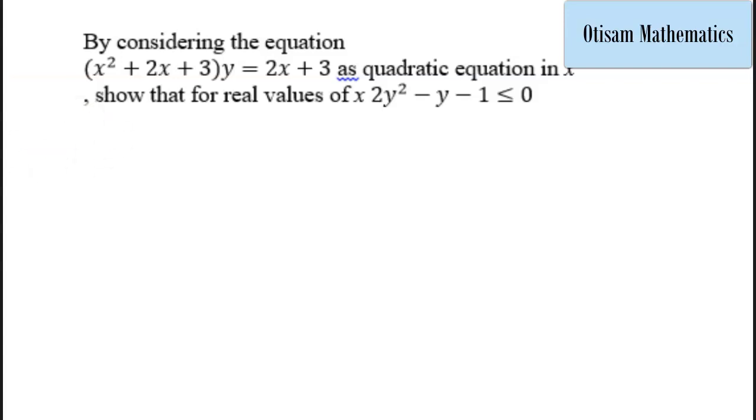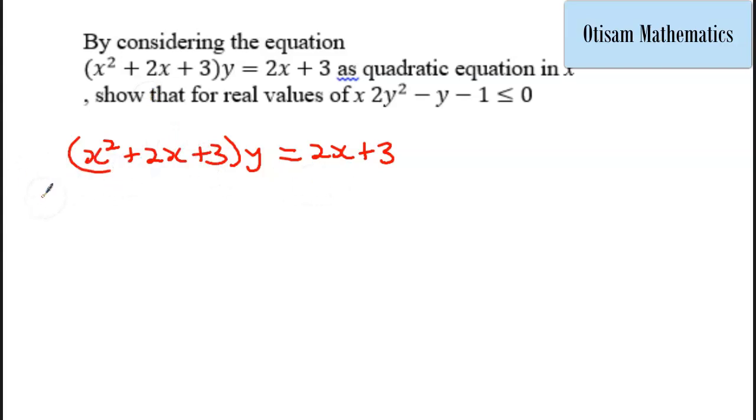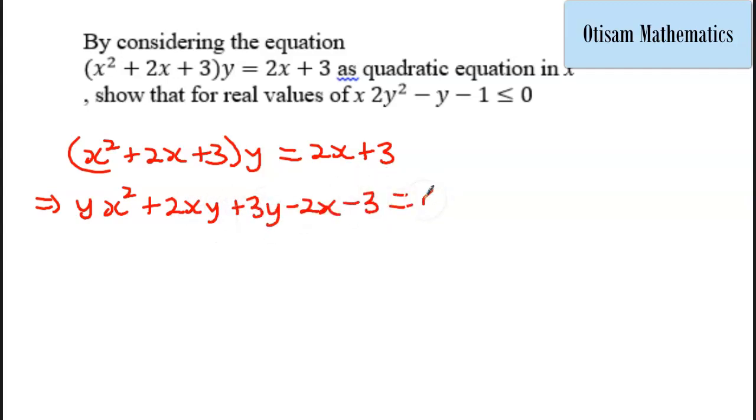Okay, so let's go through the solution. By considering this, we have x squared plus 2x plus 3 all times y is equal to 2x plus 3. So the best thing to do is to expand. So yx squared plus 2xy plus 3y minus 2x minus 3 is equal to 0.